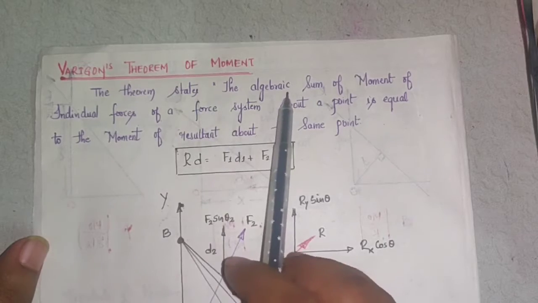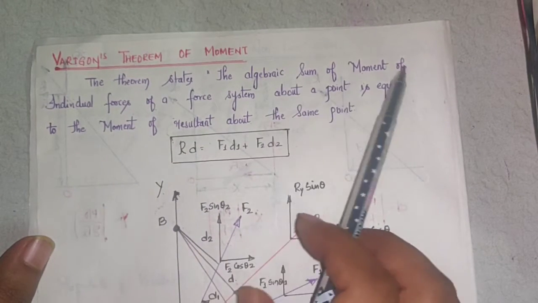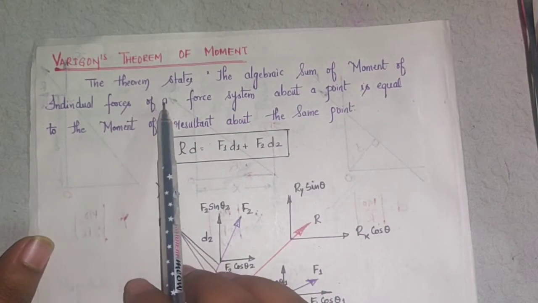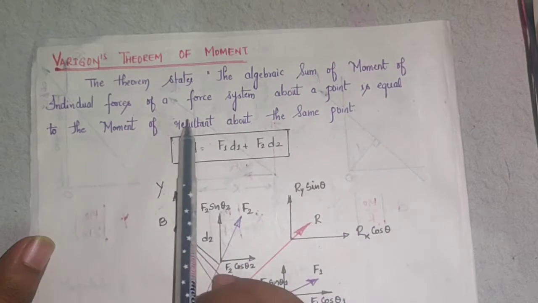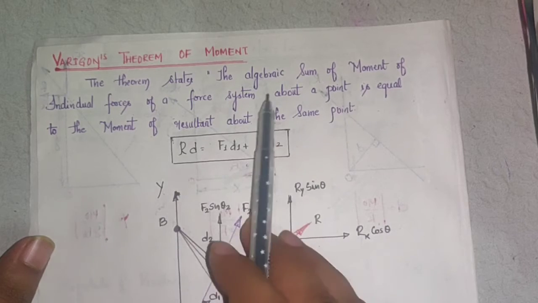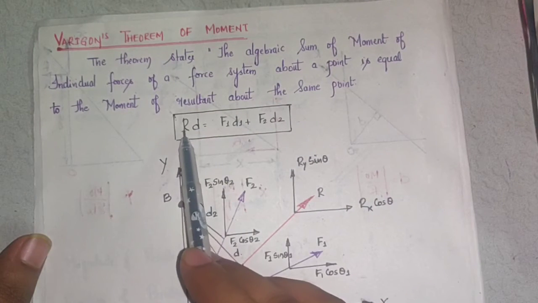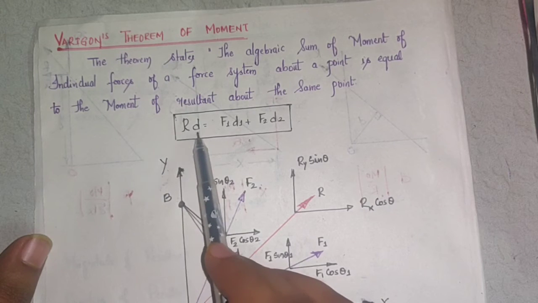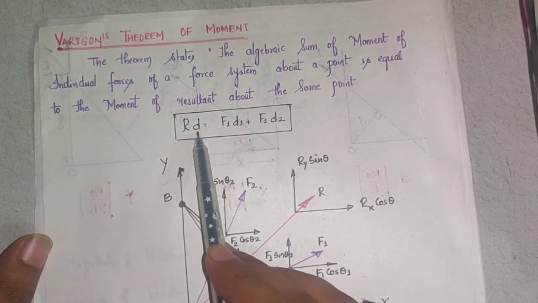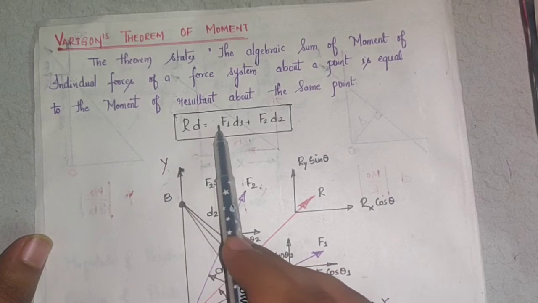I'll stress again: the algebraic sum of moments of the individual forces of a force system about a point is equal to the moment of the resultant about the same point. Meaning, the moment of the resultant, that is R into D, force into perpendicular distance, is equal to what?